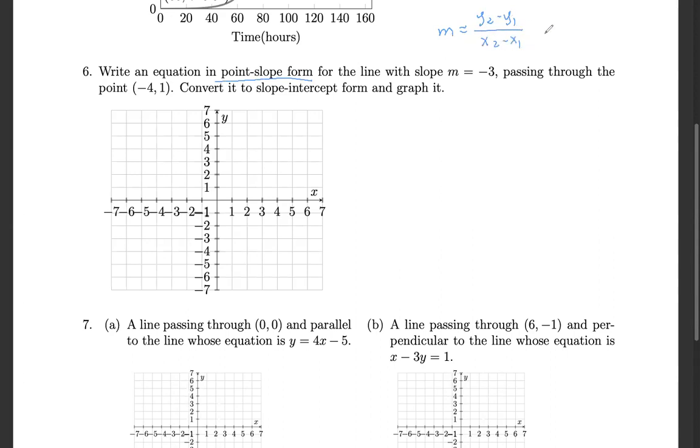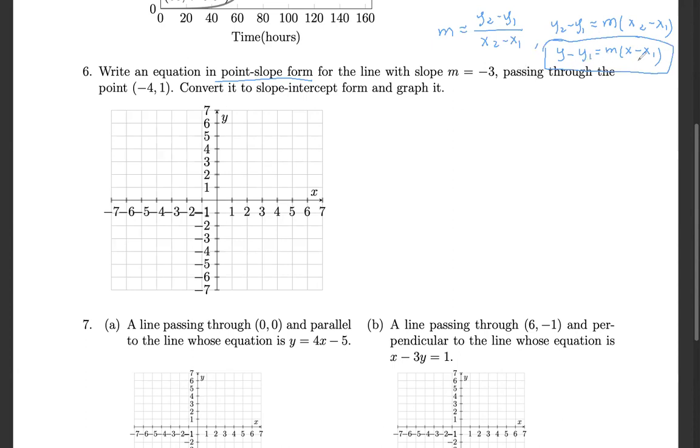If I multiply both sides by x2 minus x1, I can rewrite this as y2 minus y1 equals m times x2 minus x1. Treating x2, y2 just as x, y, I can write y minus y1 equals m times x minus x1. This is called the point-slope formula.